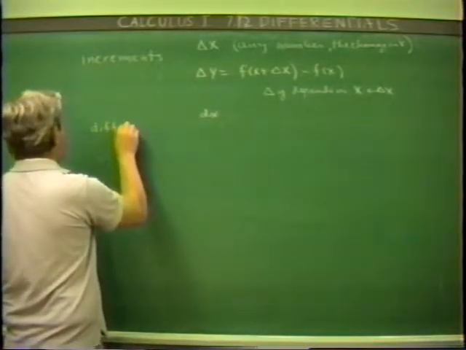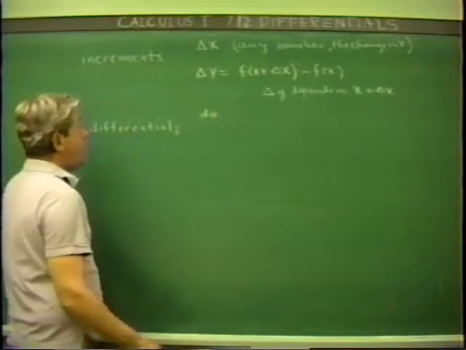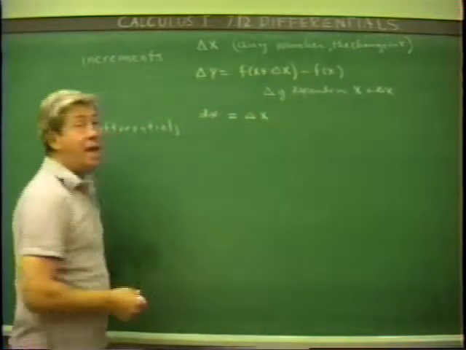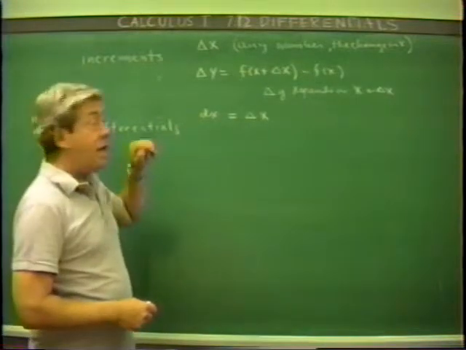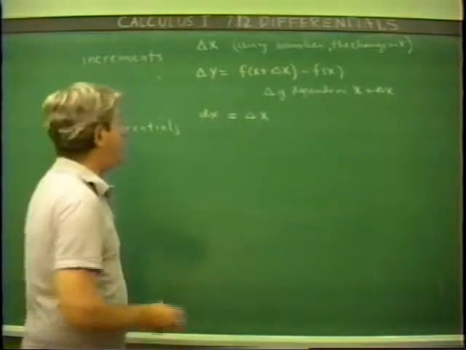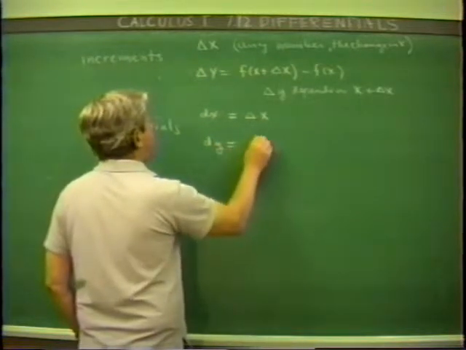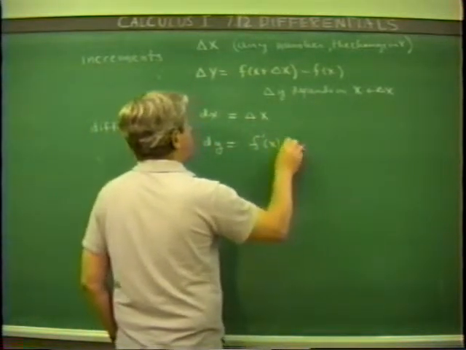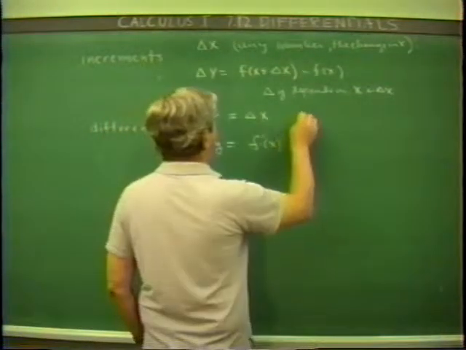Now the differentials, dx and dy. dx is nothing more than delta x. That's to say it's any number whatsoever. It's frequently written with a dx when dy is present. dy is going to be the derivative of f at x times dx.